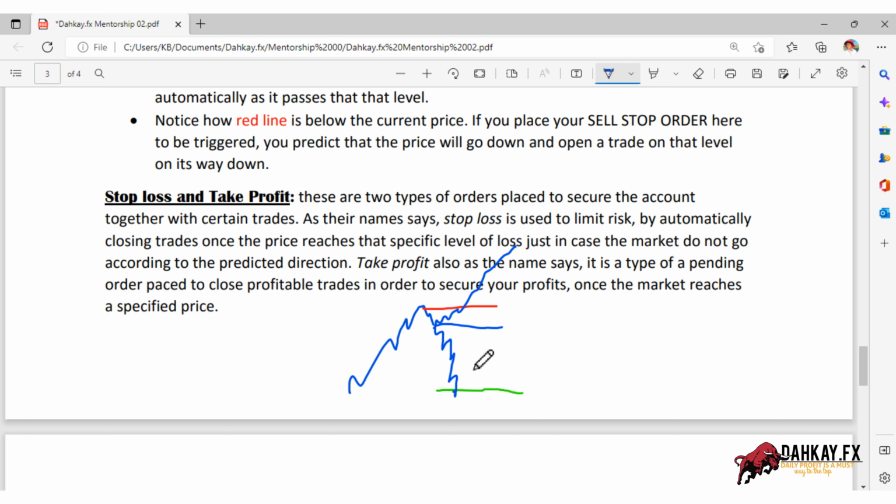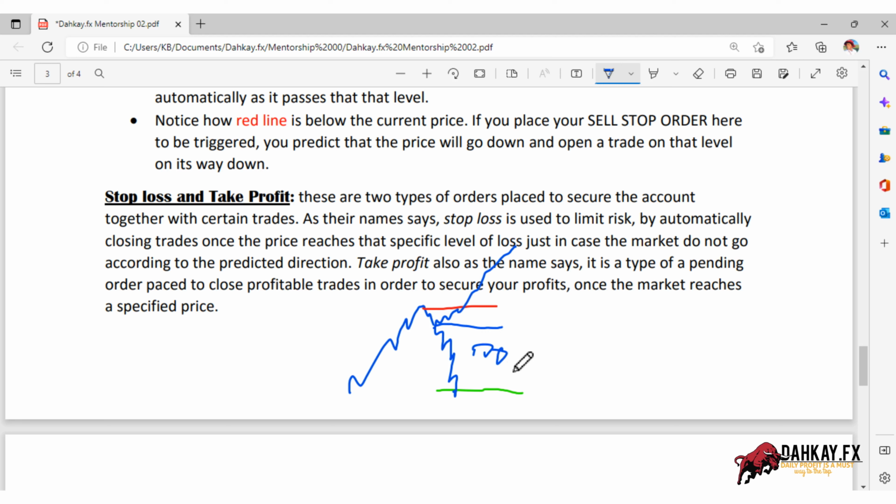For example, let's say the running profits here were $100, yes, $100, sorry, excuse my mouse.